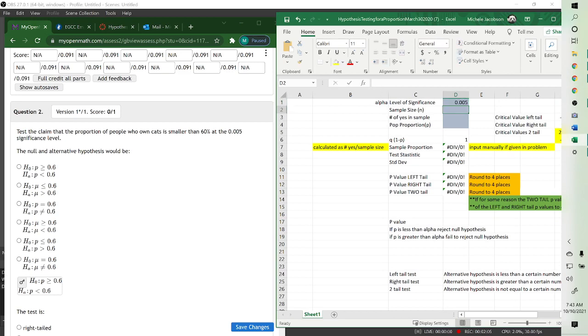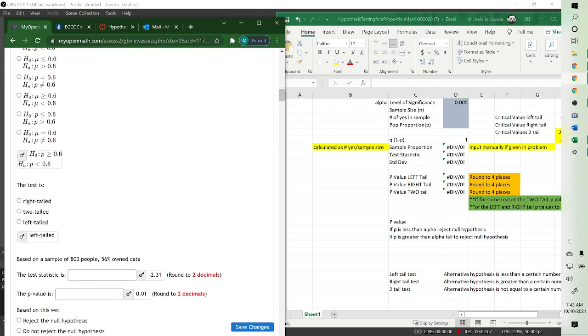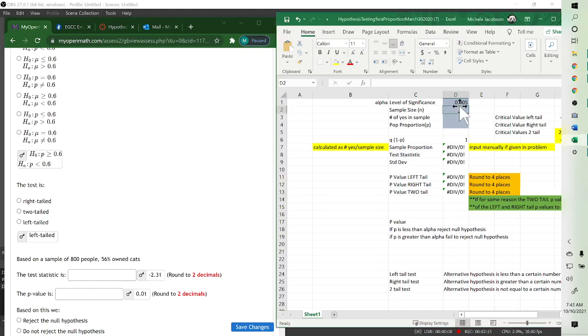And then sample size, 800 people. The number that said yes, 56%. So you can even put it here if you don't want to calculate it.